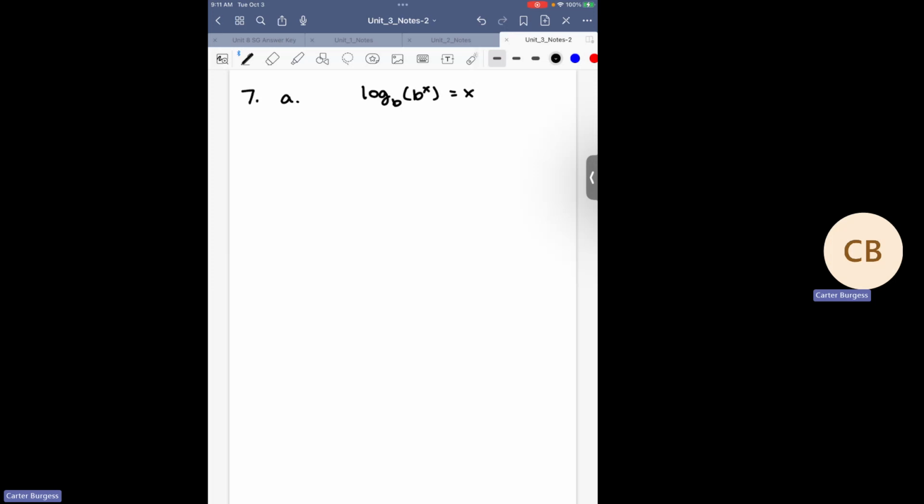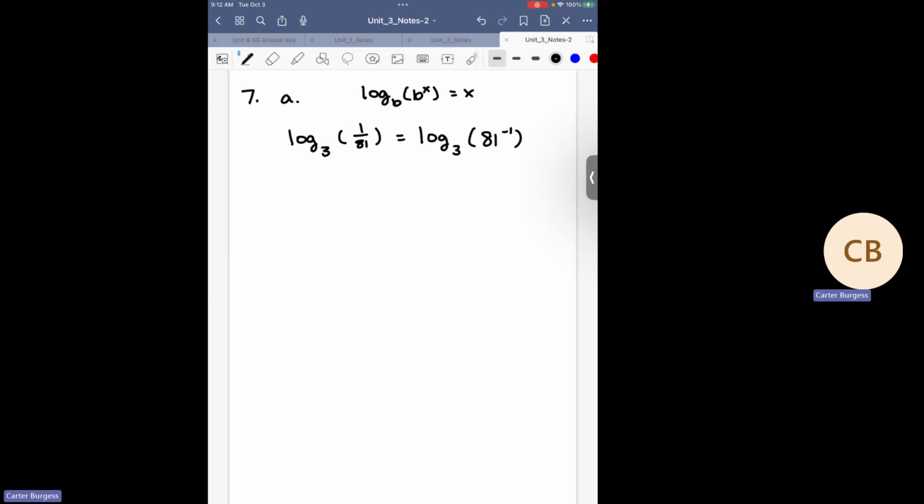It's, of course, going to be x. So for instance, if I am looking at log base 3 of 1 over 81, notice that I can rewrite this as log base 3 of 81 to the power of -1.